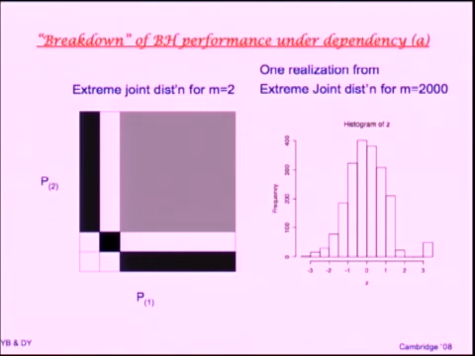Now, think about this kind of strange joint behavior. In m dimensions, this is again these kinds of points and strips. Anything that has some regularity to it won't show this example. Now, if you take this kind of problem, here is one realization from such an extreme distribution for m equals 2000.